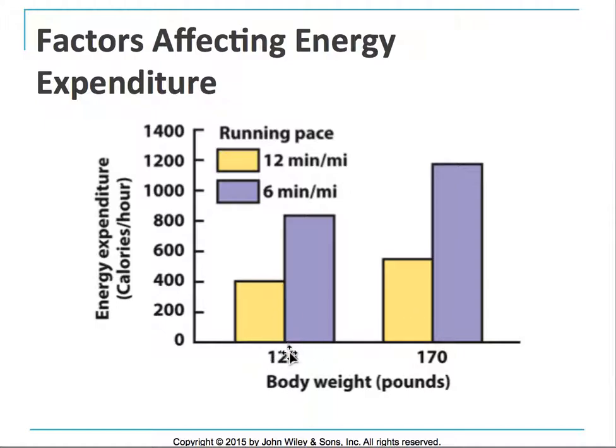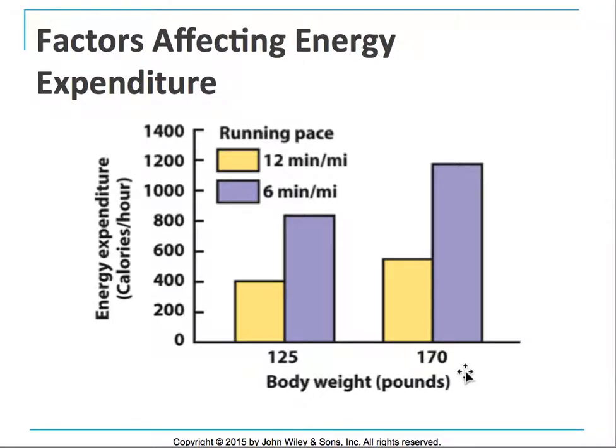If somebody is 125 pounds and it takes them 12 minutes to run a mile, they will burn off 400 calories in an hour. If somebody is running a 6-minute mile, they will be burning off 800 calories an hour. You'll notice at a quicker pace, this person is burning off more calories.